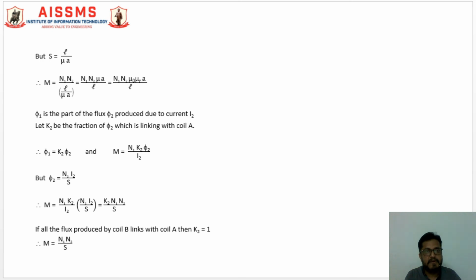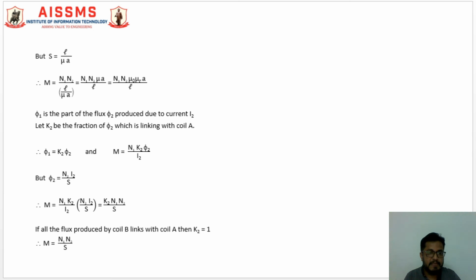Now, phi 1 is the part of the flux phi 2 produced due to current I2. Let K2 be the fraction of phi 2 which is linking with coil A. Therefore, phi 1 equal to K2 phi 2, and therefore mutual inductance is equal to N1 K2 phi 2 divided by I2, but phi 2 is N2 I2, that is mmf of coil B divided by reluctance.